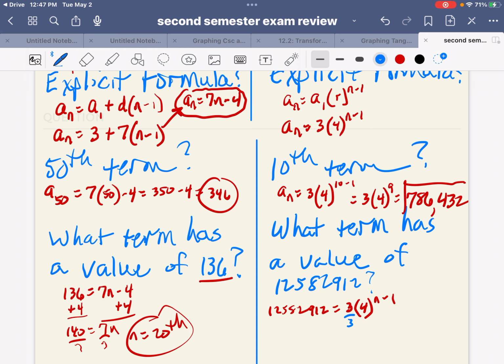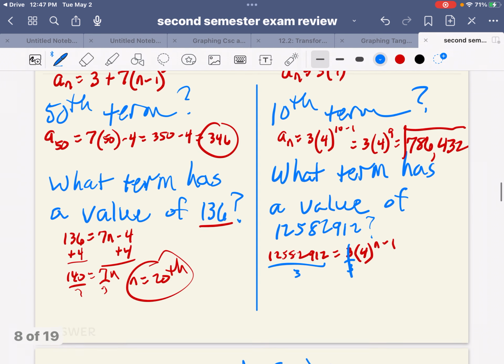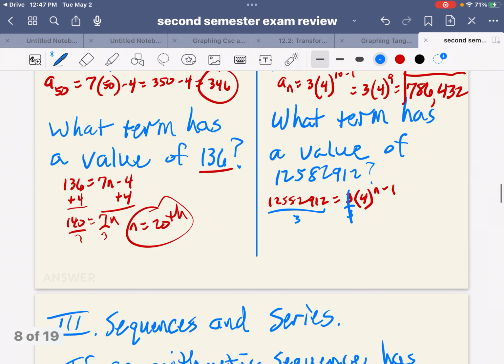Divide both sides by 3 to isolate that base. So let's see, I need to find 12,582,912 divided by 3, which is 4,194,304 equals 4 to the n minus 1.